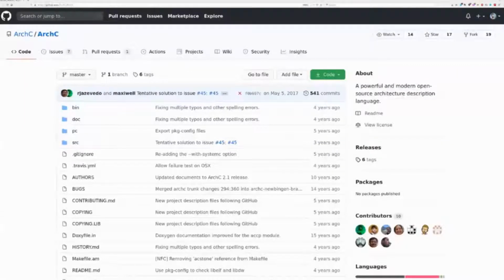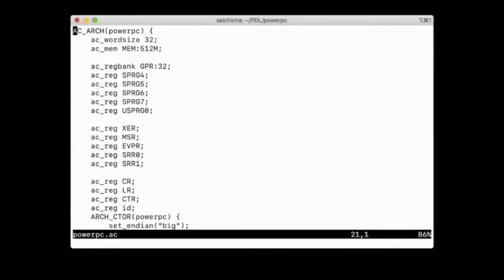ArchC is a System C-ish TLM level modeling language. You describe structure, for example, what your registers are, like this here is from the model of 32-bit PowerPC. You describe in a very natural DSL your binary encoding.